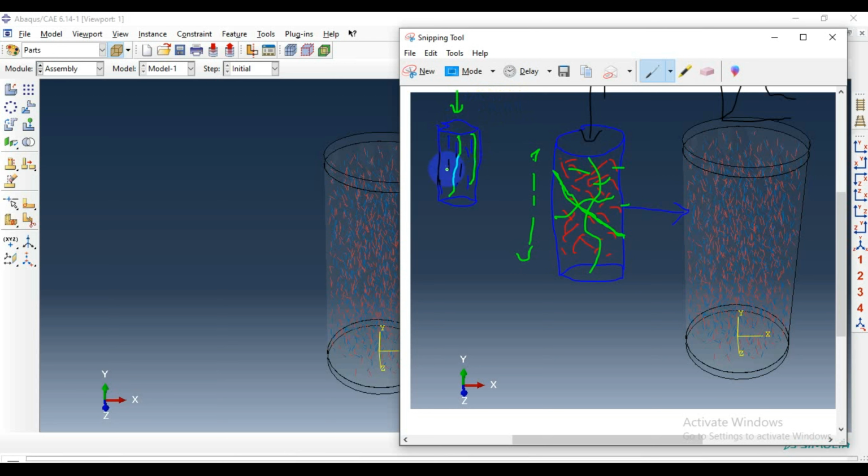If the fibers are oriented in this manner, for example, this is the cylinder that is placed over here, right? And these fibers are oriented in this manner.